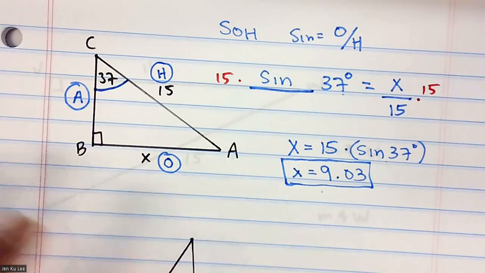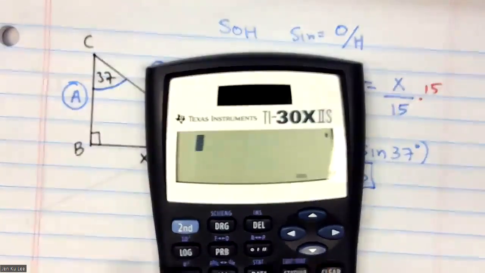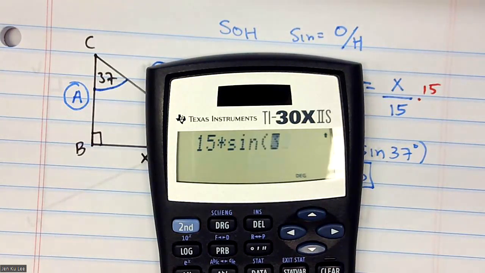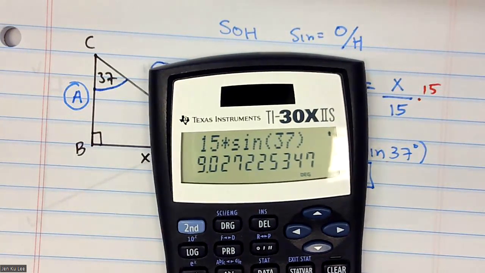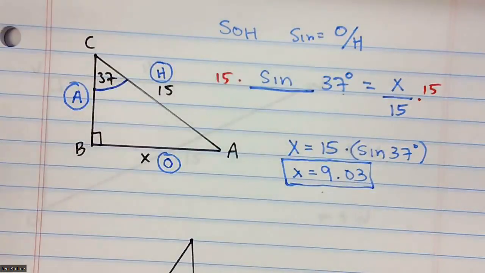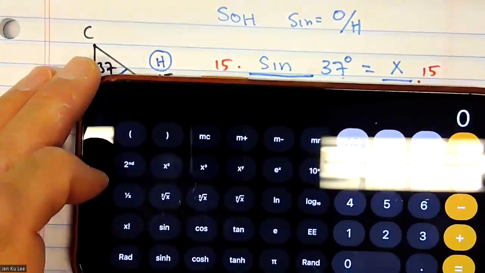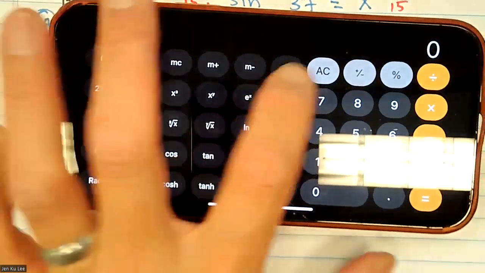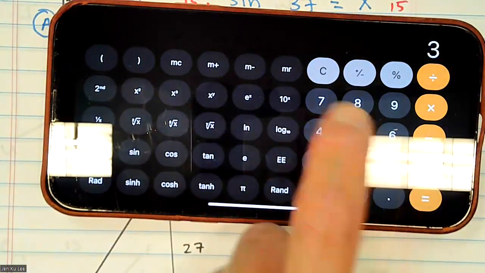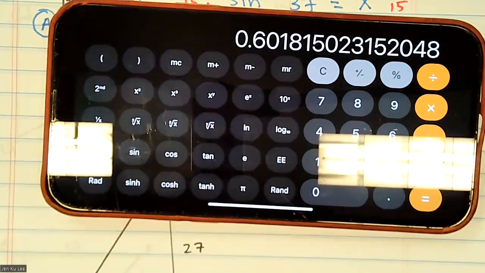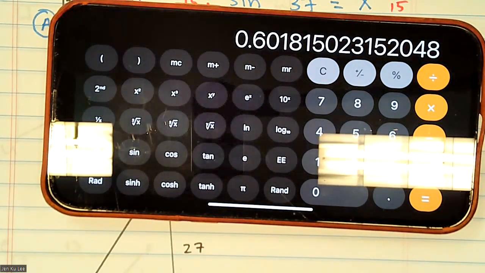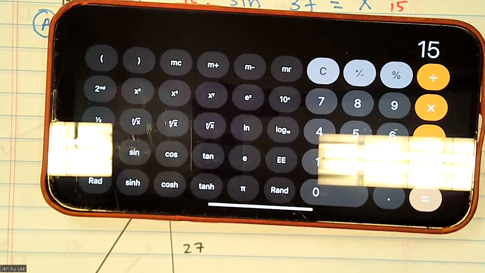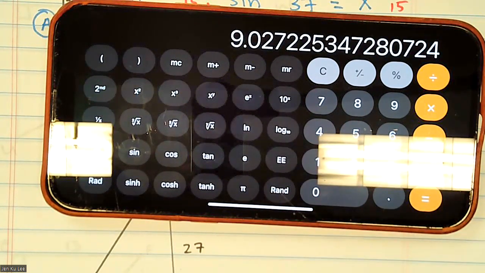Going back to our previous example, I showed you guys on the calculator what to do, right? We go 15 times the sine of 37 to get 9.02. If you do have your iPhone, what I need you guys to do is press 37 sine, times 15. Make sure you go in that order.